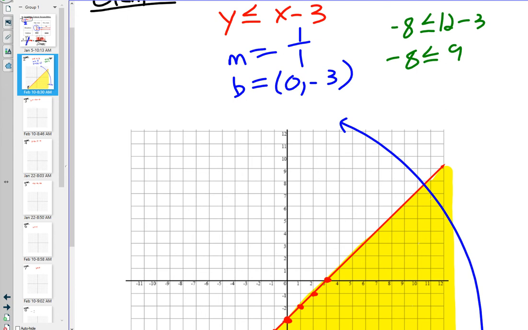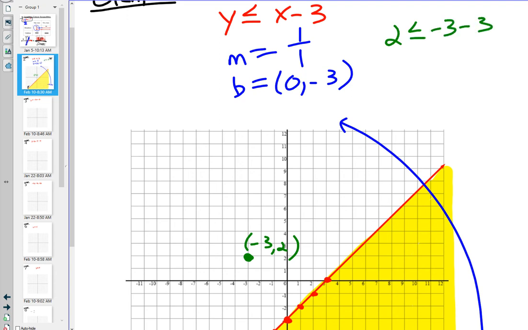Let's go the other way with it. Elizabeth, give me a point that falls on the white. She says -3, 2. I agree with her. -3, 2 does fall into the white. Let's see what happens here. Her y was 2, and her x is -3.